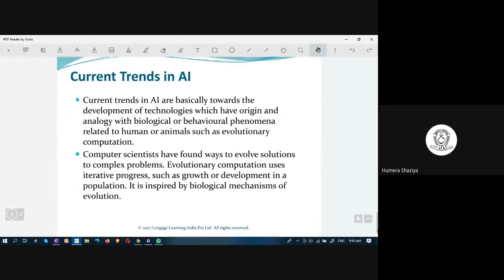Current trends in AI: it is about creating machines that mimic humans and human behavior, with inspirations taken from biological mechanisms like how eyes operate, how nose operates. In that manner they would like to develop systems.